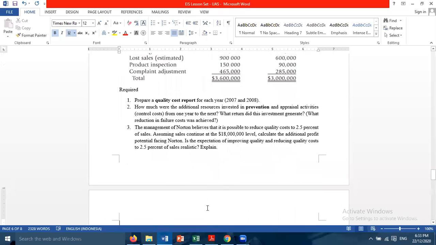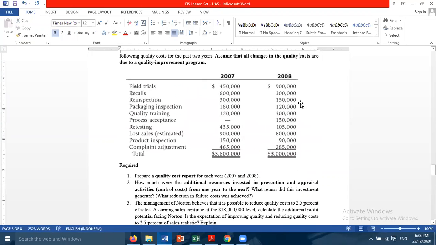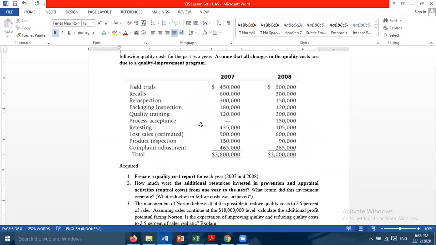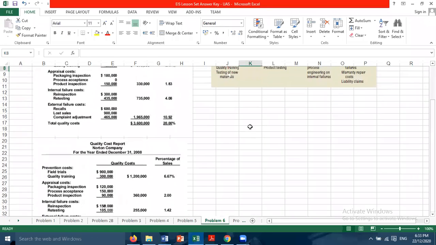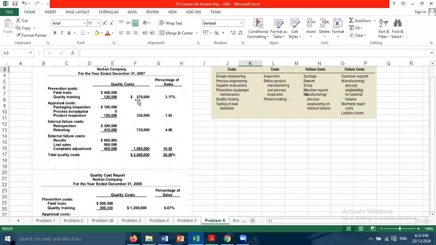Now, number two: how much were the additional resources invested in prevention and appraisal activity? All we need to do is compare the prevention and appraisal here. In the first year, or 2007, prevention cost is 570,000, whereas in the second year, 1,200,000, which is 630,000 more.